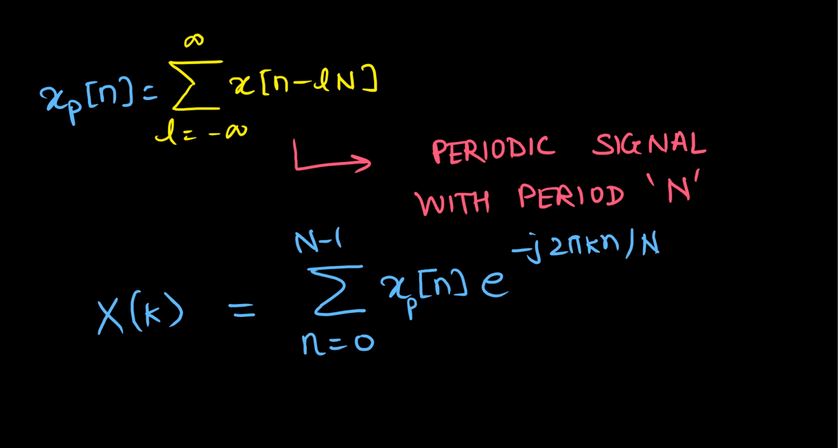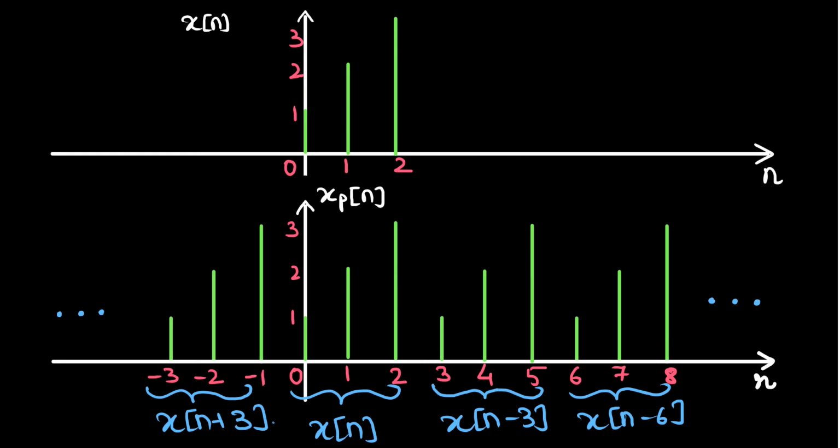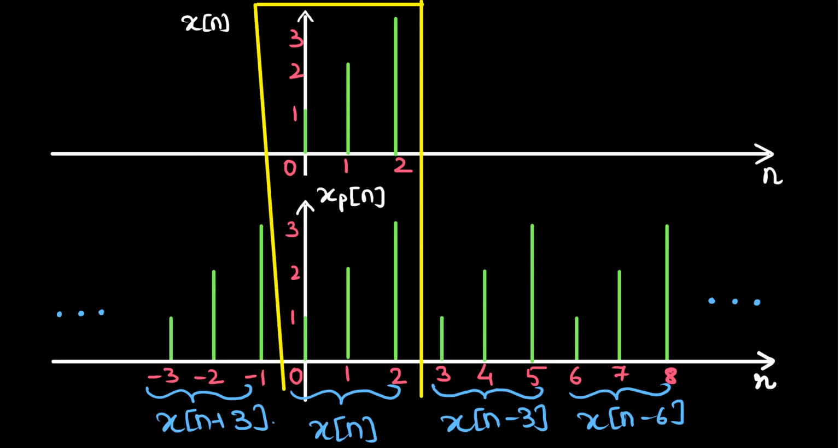So if we observe this interval of n here, that is 0 to n minus 1, it is basically this interval, that is 0 to 2, or rather 0 to 3 minus 1. And in this interval xp of n, or the periodic version of the signal, has a value of x of n.